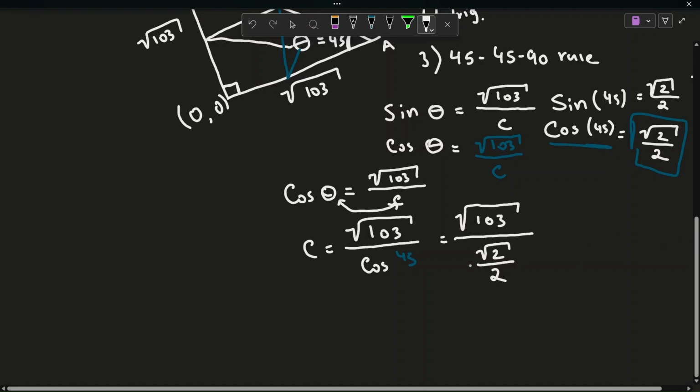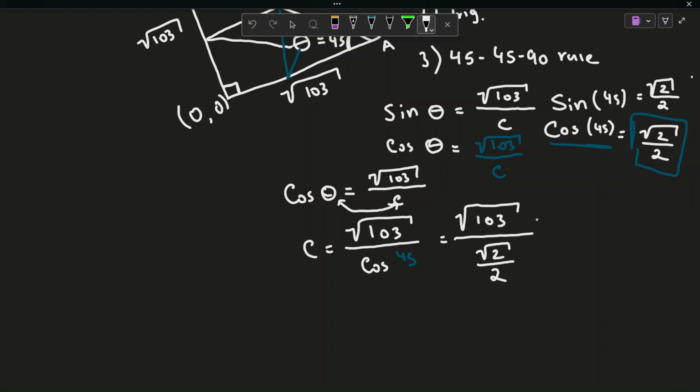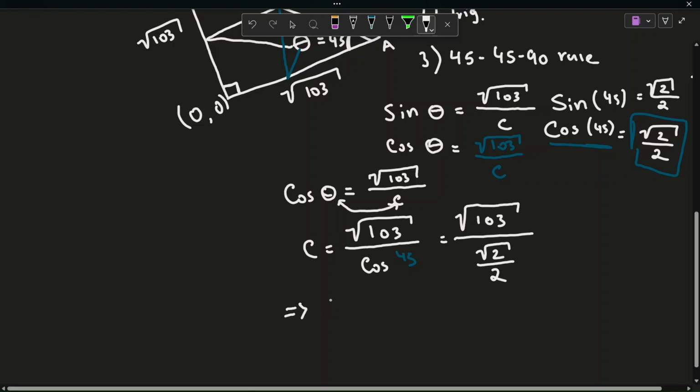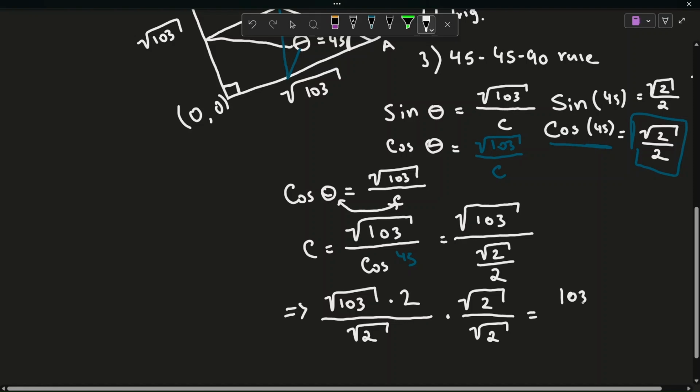Whenever there is a fraction in the denominator, we're just going to multiply the numerator with the reciprocal of the denominator. So what that means is c is equal to the square root of 103 times 2 over the square root of 2. And if we go ahead and rationalize the denominator, we'll get the square root of 103 times 2 times the square root of 2 over 2.